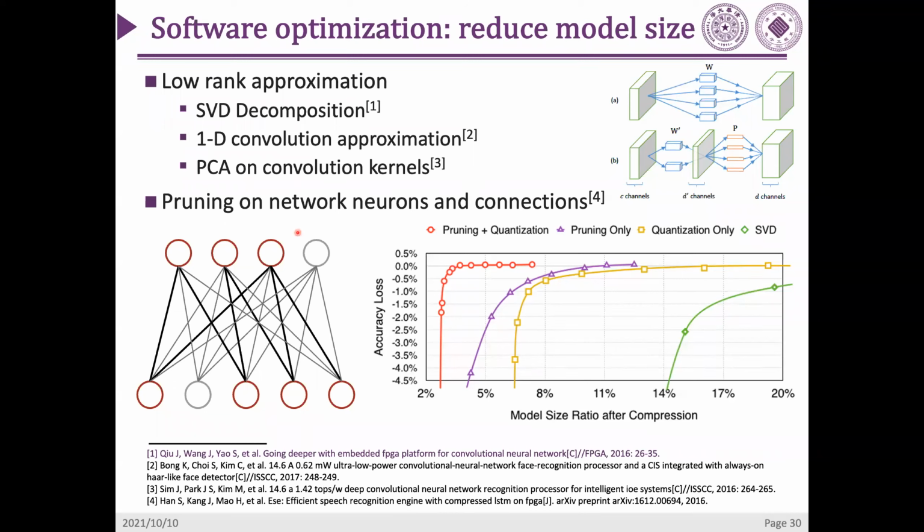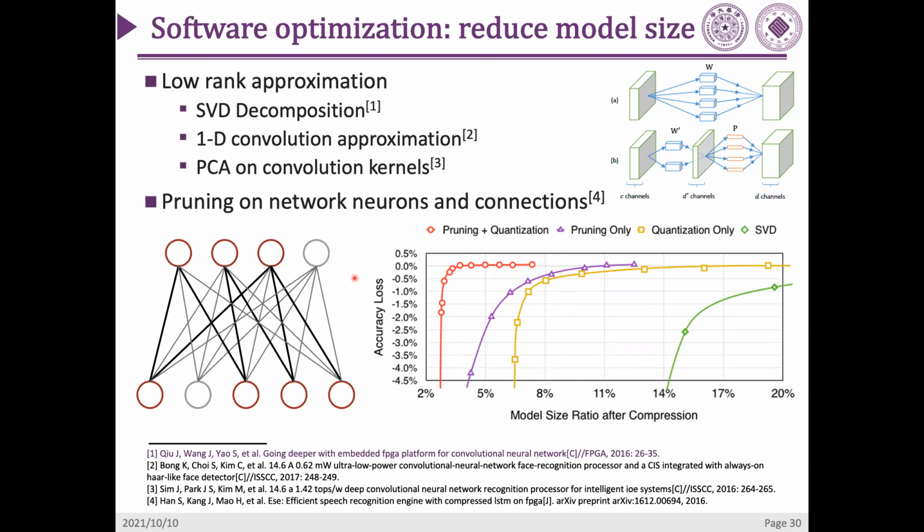And in 2016, Song brings the pruning on neural network neurons and connections. That means if you have a neural network, we can make some of the weights zero or remove some of the neurons during the training procedure. This will remove maybe 90% of the total calculation number, that is the operation numbers of the neural nets.